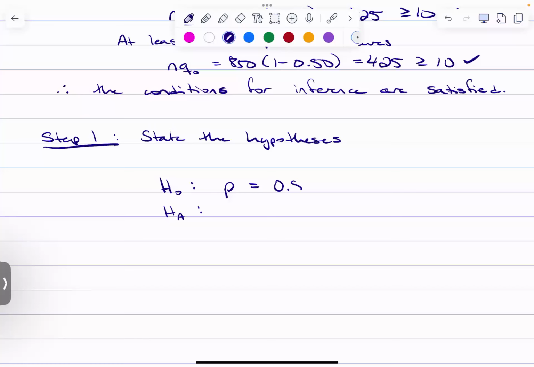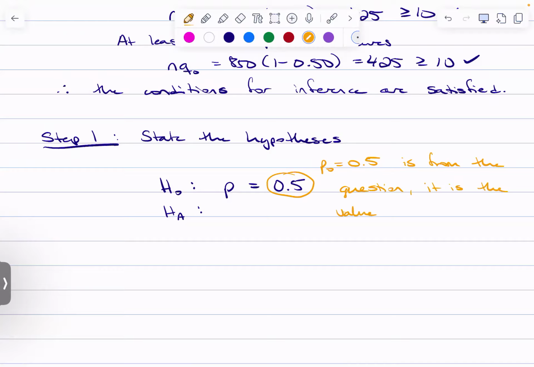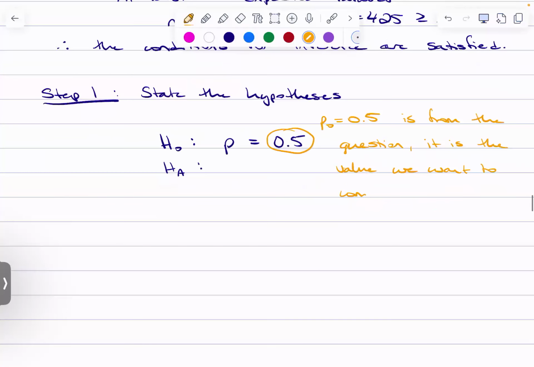So p naught is equal to 0.5 from the question. It's the value we want to compare our p hat to.